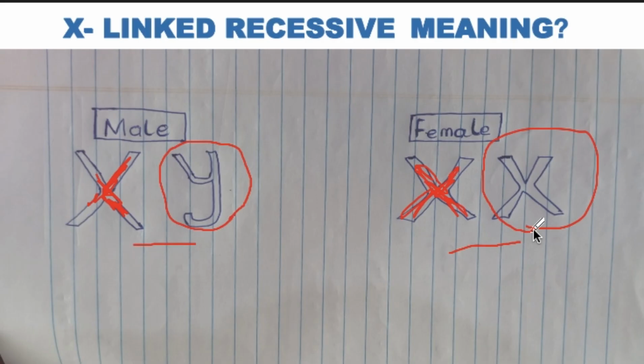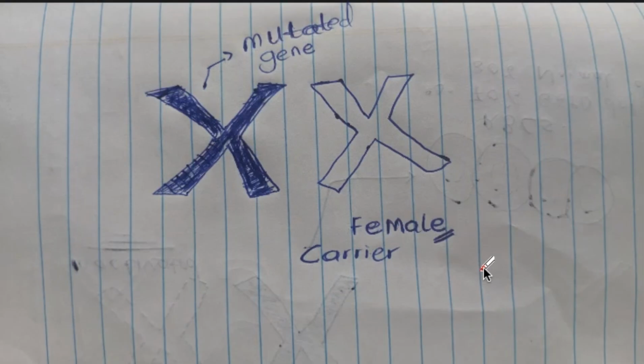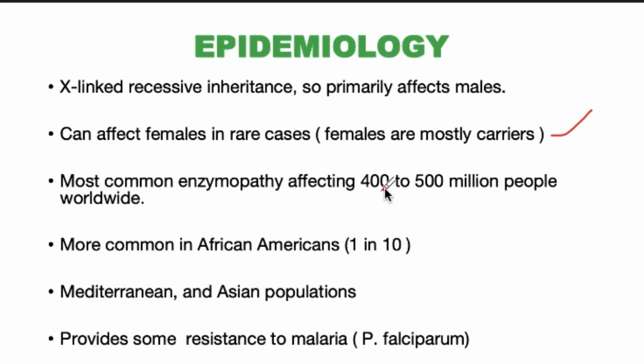And this brings us to the conclusion that G6PD deficiency is more common in males than females. G6PD deficiency is an X-linked recessive inheritance, so it primarily affects males. However, it can affect females in rare cases, as females are mostly carriers.